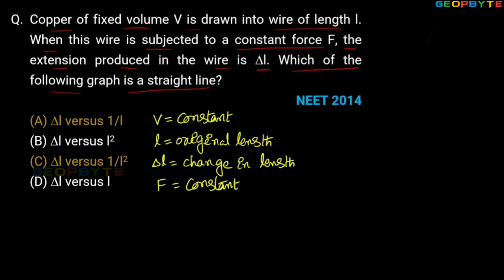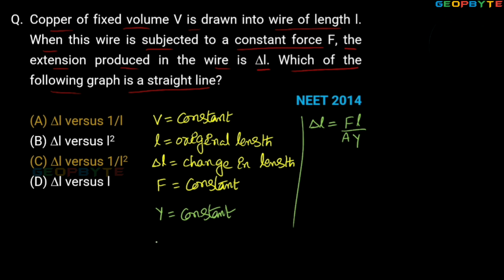Then you are asked to find the relation between length and change in length. For that, as you know, the change in length delta L equals F L by A Y. Here Y remains constant because it is a material constant, a property of the material. Area is not constant.